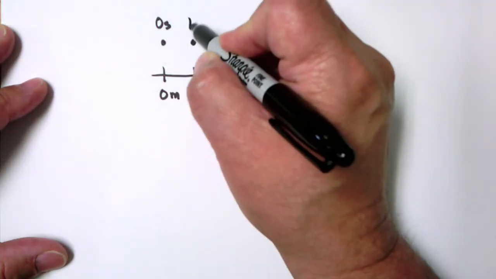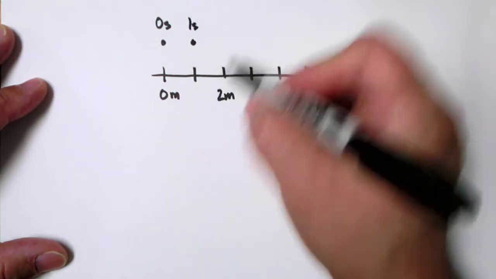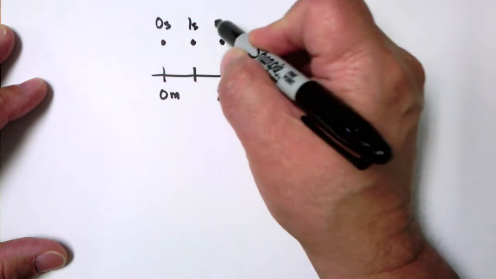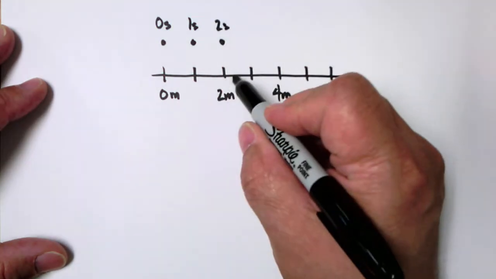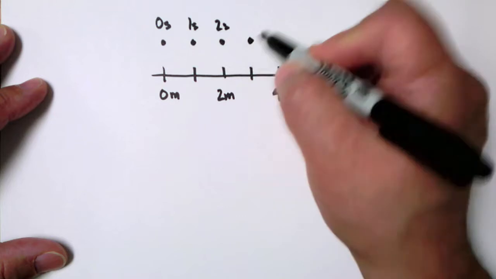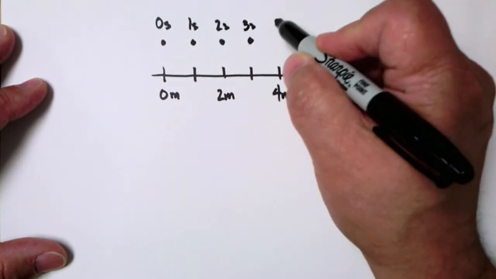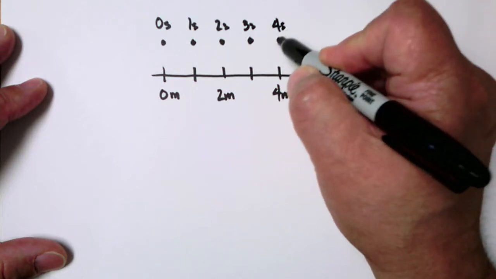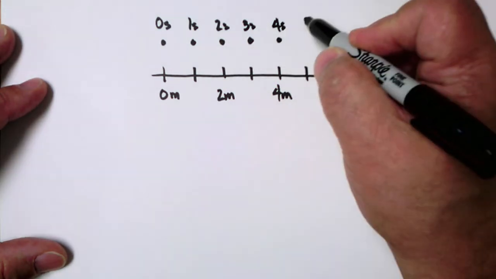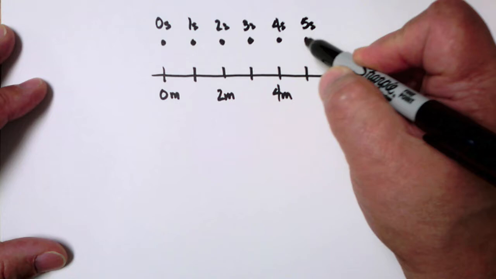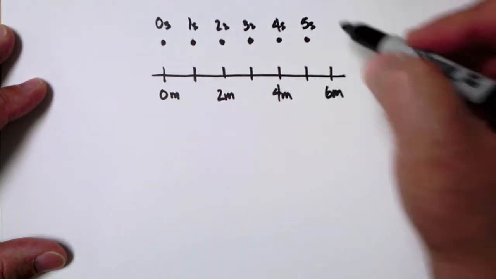So at 1 second, we've traveled to 1 meter. At 2 seconds, we've traveled to 2 meters. 3 seconds, we've traveled to 3 meters. 4 seconds, we've traveled to 4 meters. At 5 seconds, we've traveled to 5 meters.